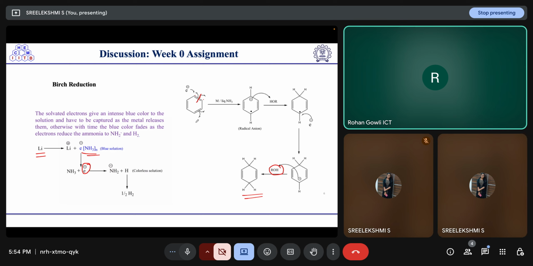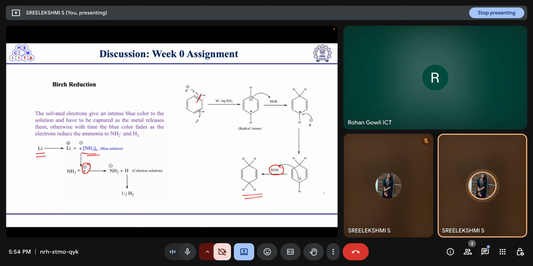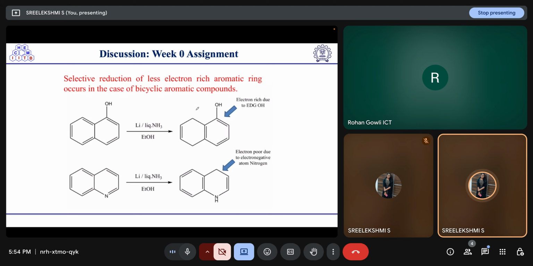Okay, so one condition for this Birch reduction is that if there are two rings in a particular aromatic compound, the more electron poor ring will be reduced first. If I show here, the less electron rich, that is the electron poor aromatic ring, will be reduced in the case of bicyclic aromatic compounds.